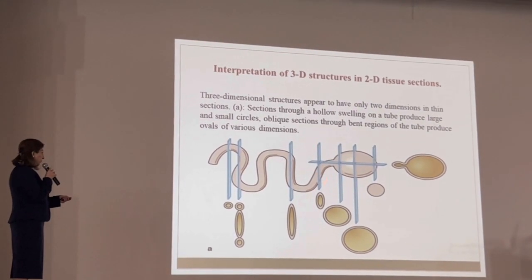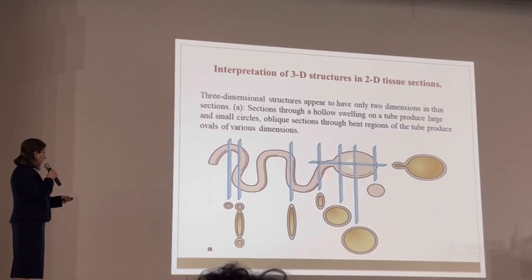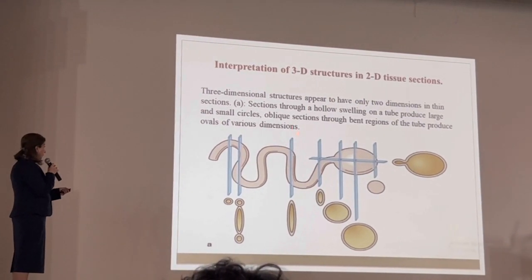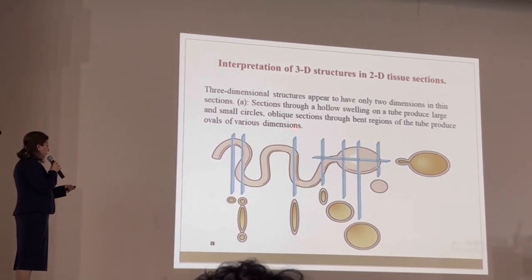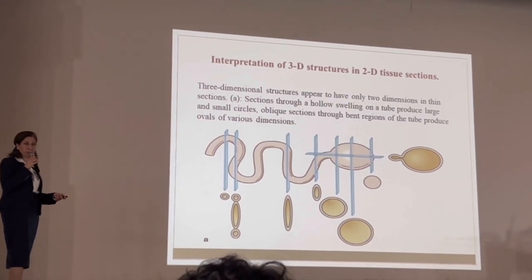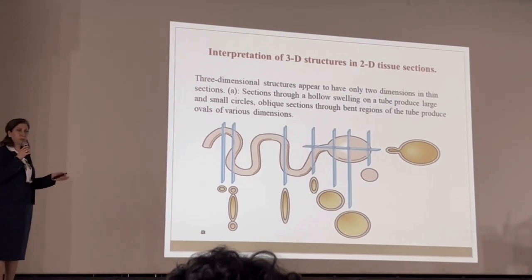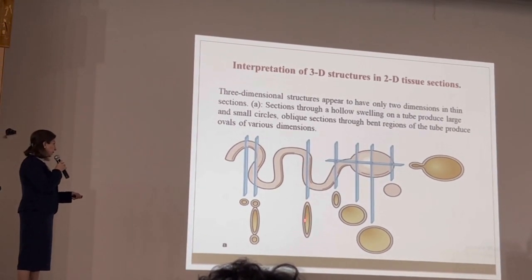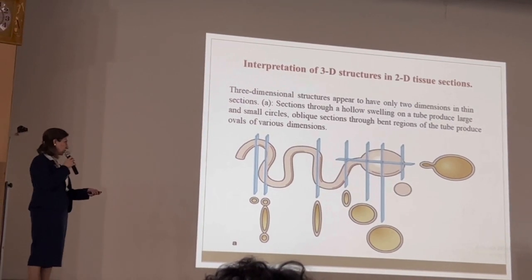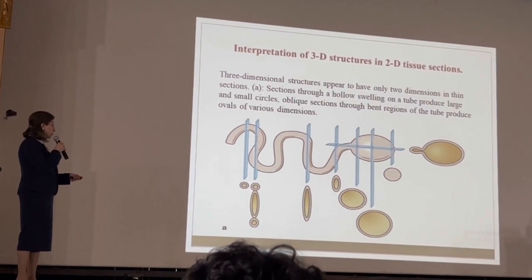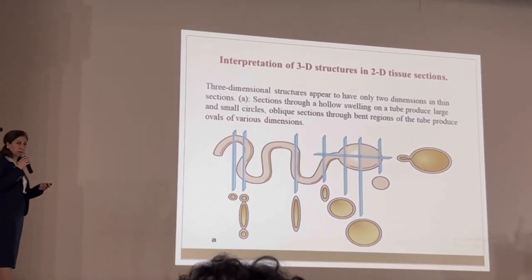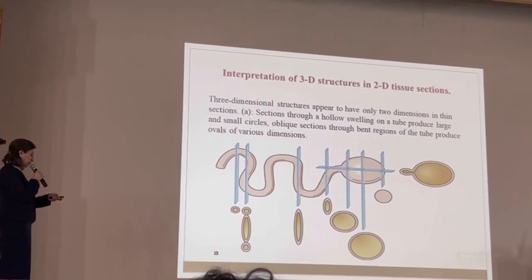While in the tube, it depends on the level of the section. So here it is a small helical part, while here, because it goes through a longer distance inside the tube, it takes a longer type of helical structure, which is larger than the one before. So you have to imagine how the section is made to be able to decide the type of the tissue under the microscope.